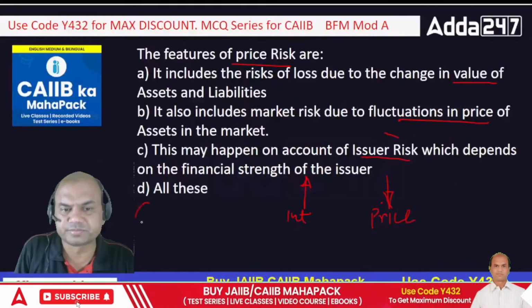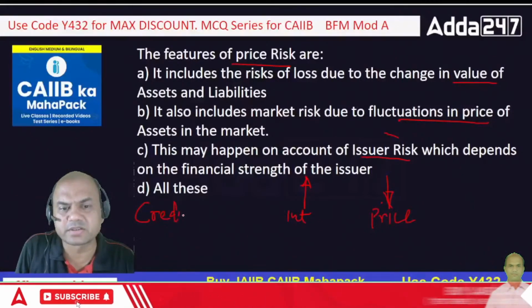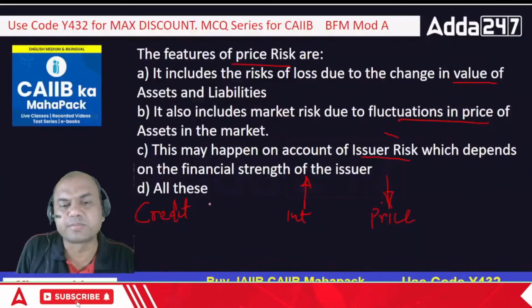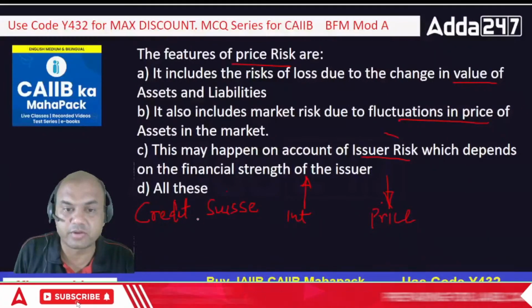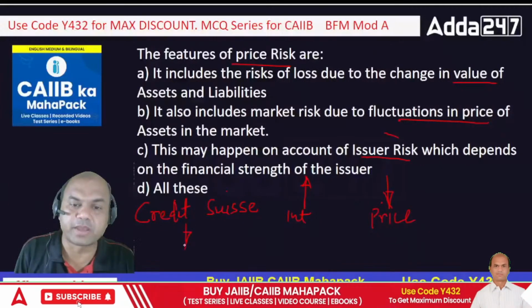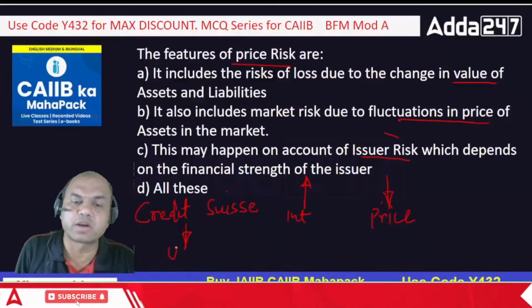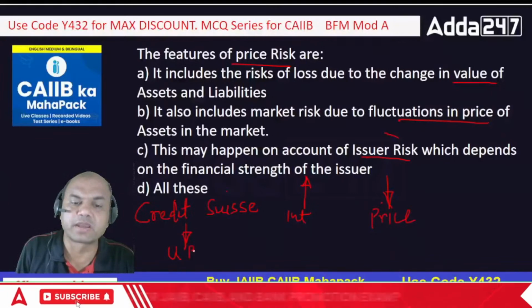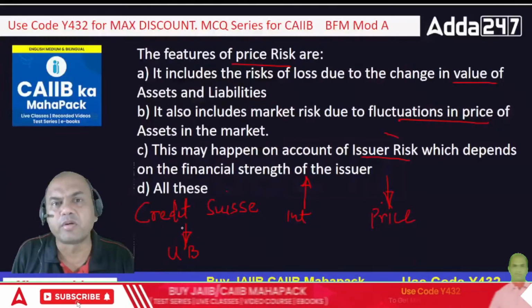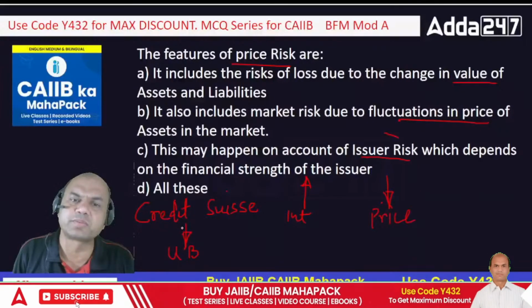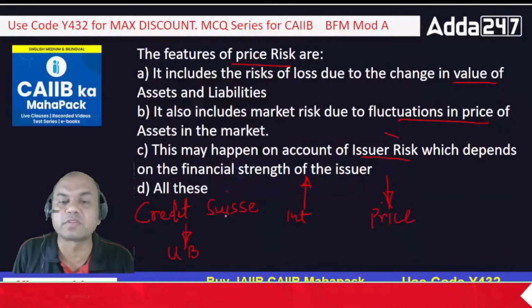Credit Suisse. Just now you heard this, Credit Suisse. This bank was purchased by UBS, right? Do you know at what rate? Less than 10% of the overall value. All the bonds were purchased, everything was purchased, for less than 10% of the actual value.